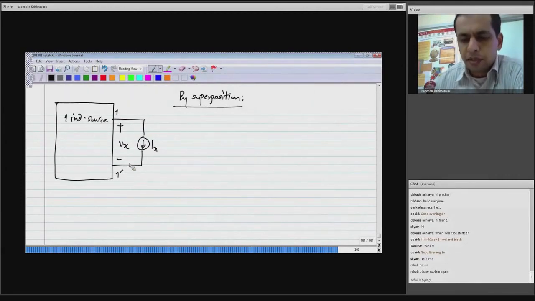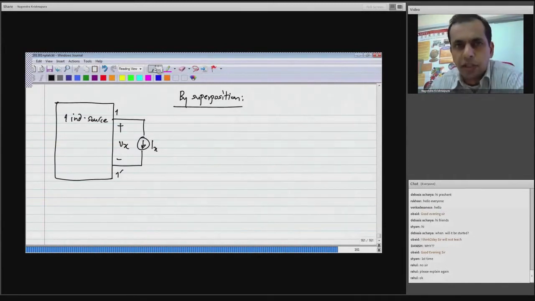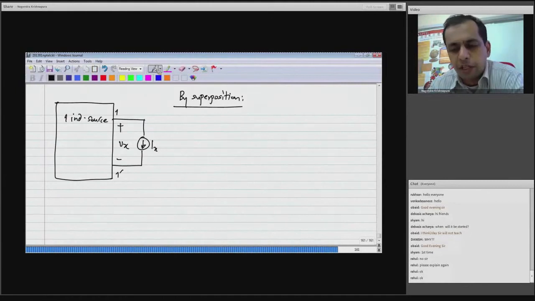You set all the independent sources to 0 except one, find the value of Vx from that one, then take the next source, set that one to a non-zero value and everything else to 0, and find Vx from that. Do this for all independent sources, and add all the values of Vx up; that will be the value of Vx with all the sources active.